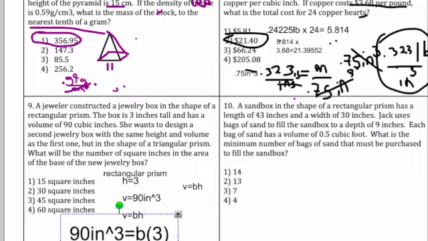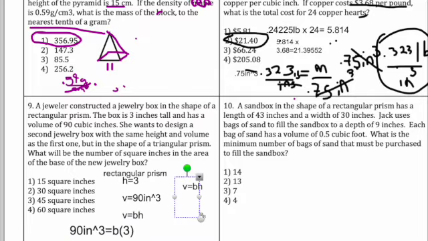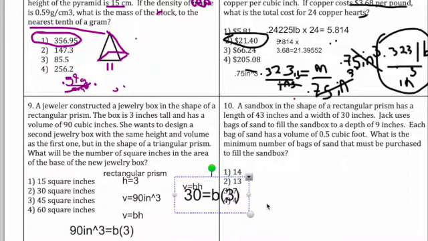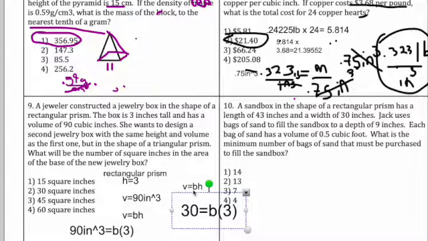Now, for the next part, we have a triangular prism with the same volume and the same height, so it equals B times H, but the H is 3. If it has the same volume and the same height, that means the area of the base is also going to be the same.